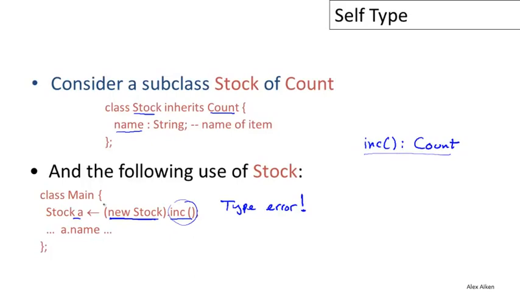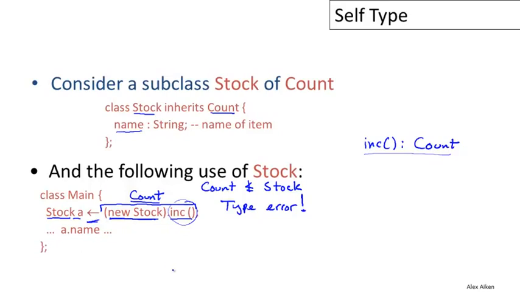We call the increment method, but the type of this whole thing is a Count. And then we try to assign that to a Stock, but that doesn't work because Count is not a subtype of Stock. A variable of type Stock can't hold a value of type Count. And so the type system will report an error right here at the assignment statement.